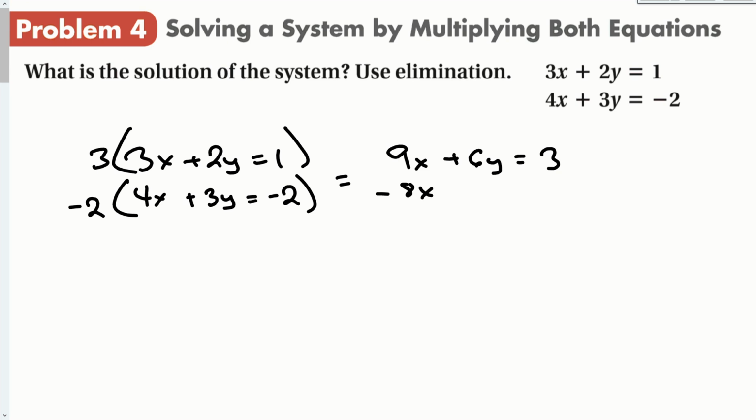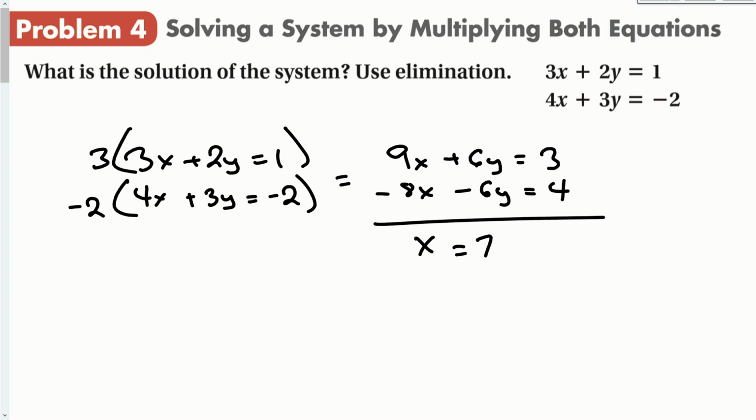Negative 8x minus 6y is equal to a positive 4. Now when I add these together, 9 and the negative 8 give me x, the y's cancel, x equals 7. Nice. All done.